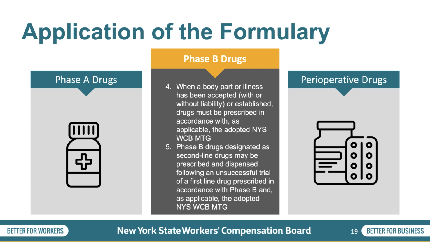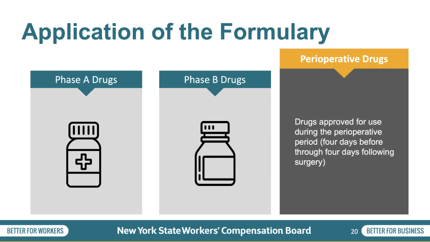Some Phase B drugs are designated as second-line drugs. This means they may be prescribed and dispensed after an unsuccessful trial of a first-line drug, prescribed in accordance with the Phase B list and the adopted medical treatment guidelines, as applicable. The perioperative drug list contains drugs approved during the perioperative period.